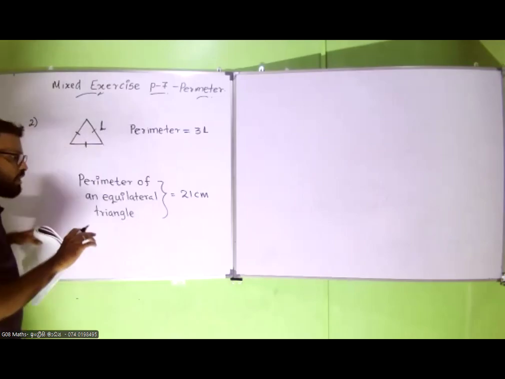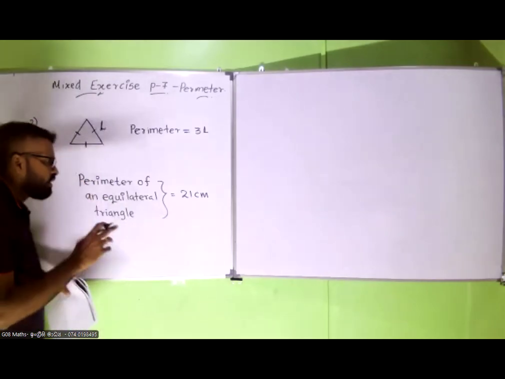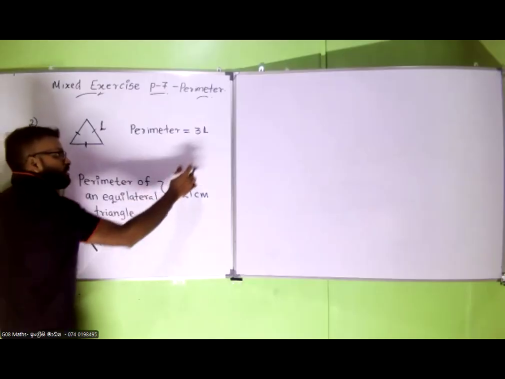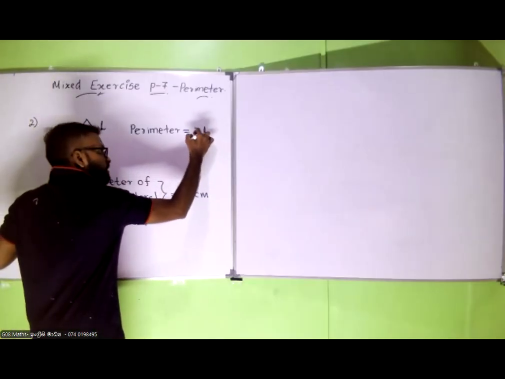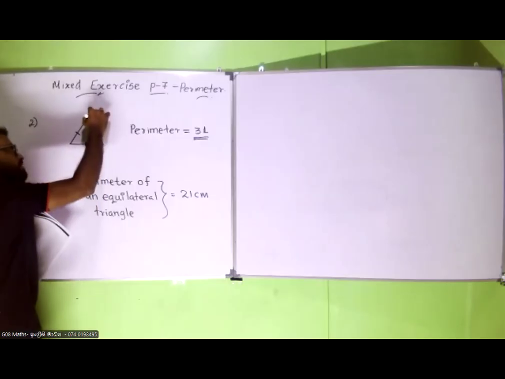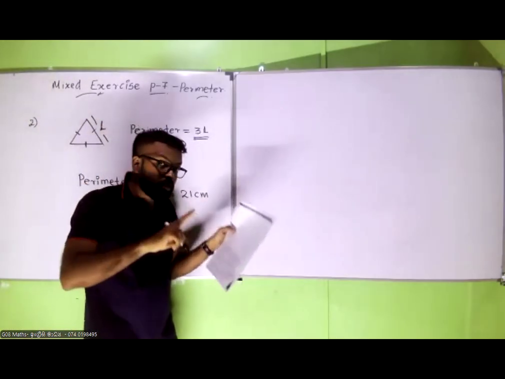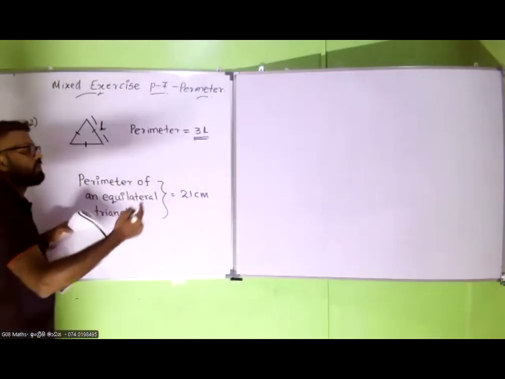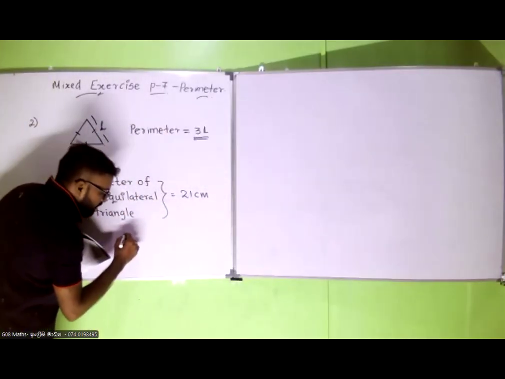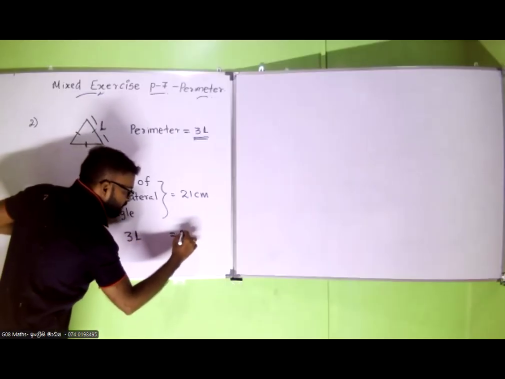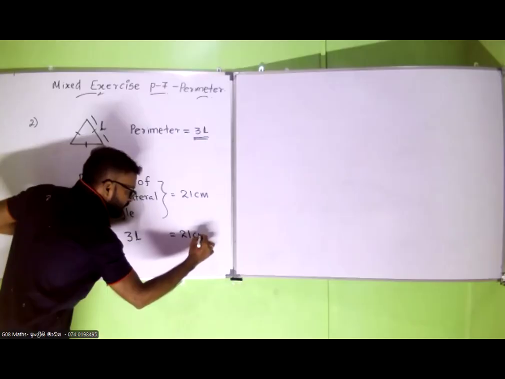In another way, we know the perimeter of an equilateral triangle is also 3 times L. L means the length of one side, because they are asking us to find the length of the side. So 3L equals 21 centimeters.